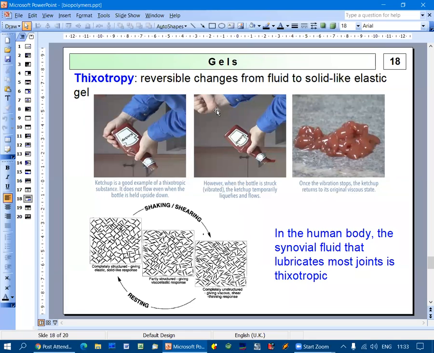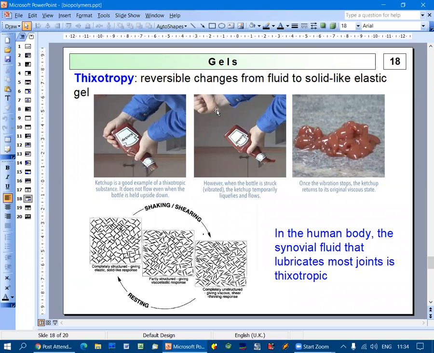Gel itself is a non-flowing structured system, because the number of covalent bonds between molecules of high molecular weight compounds is very high, and they form this three-dimensional structured system.